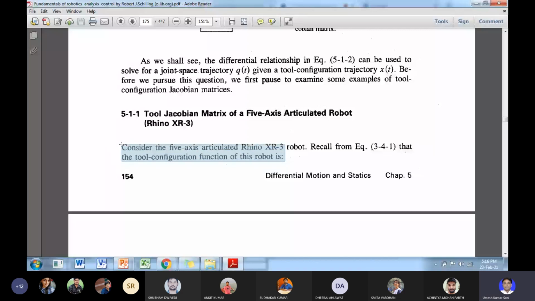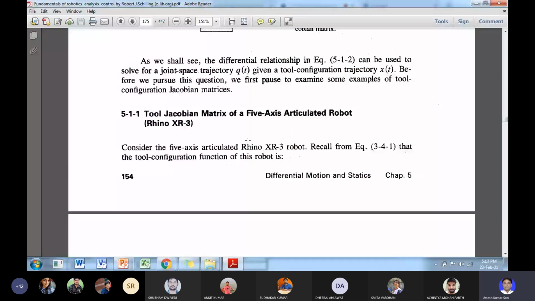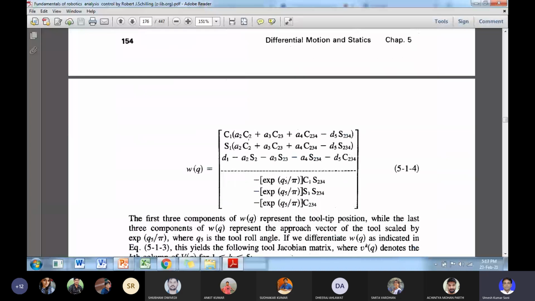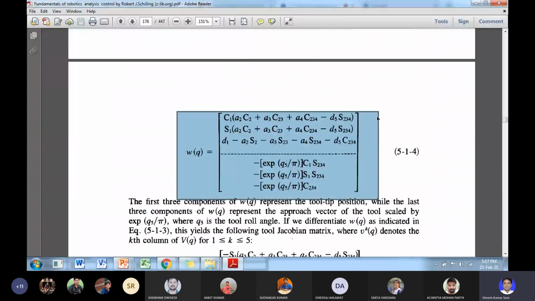We determine the complete homogeneous transformation matrix, and then by using certain elements of that homogeneous transformation matrix, we determine the tool configuration vector. So for this robot, the tool configuration vector is given by WQ equal to all these elements.